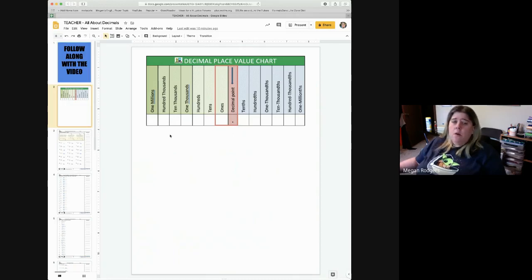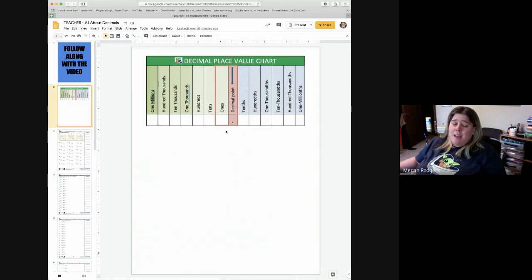Now, we're going to have to work on how we say these decimals because saying decimals properly is important. Does anybody happen to remember how we say the decimal point?